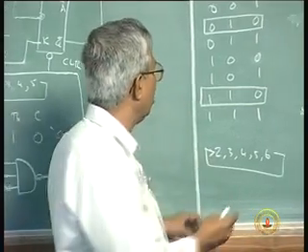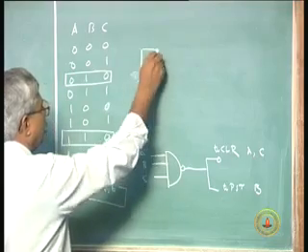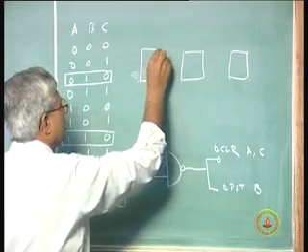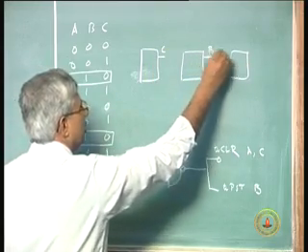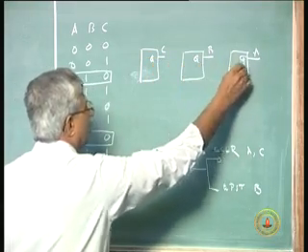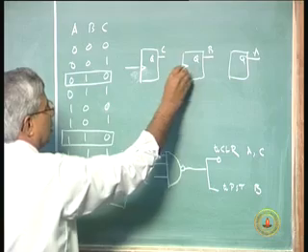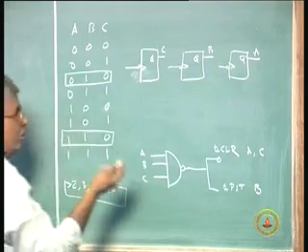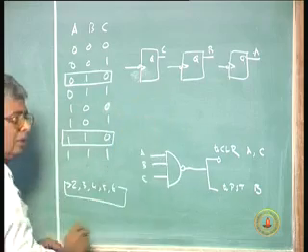So, in order to complete the drawing, if you want to draw A, B, C, this is my C, B, A, Q. I will not show the rest of the drawing of J, K, etc. You know what it is, all J's are 1, K's are 1.